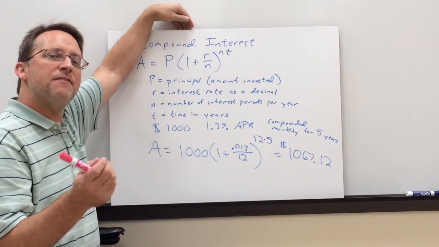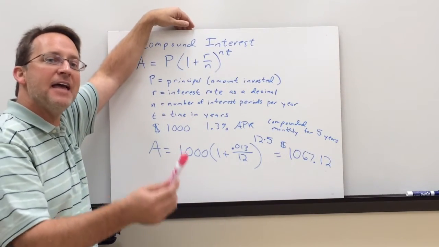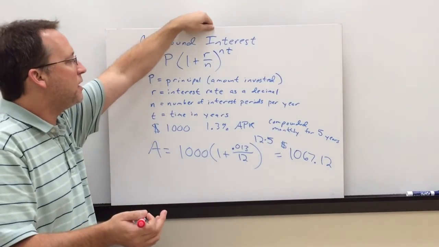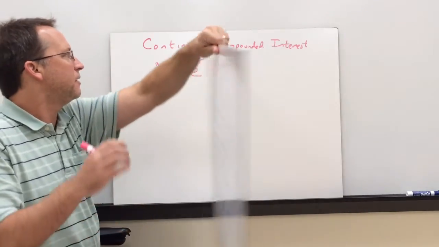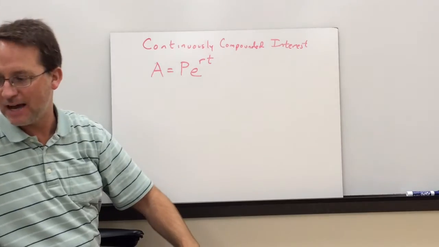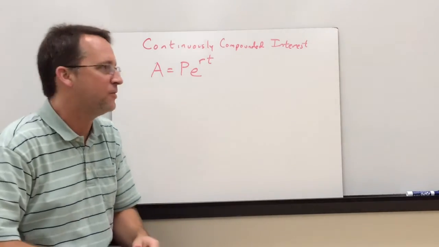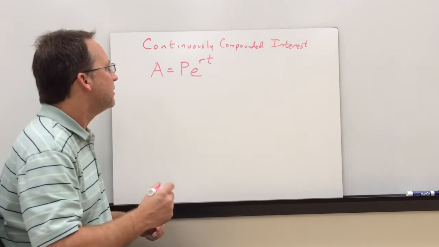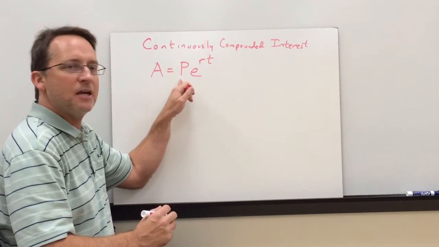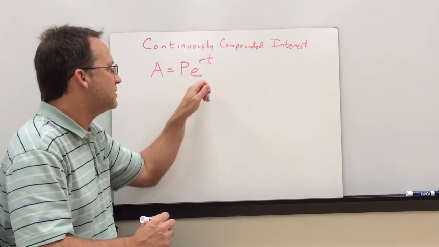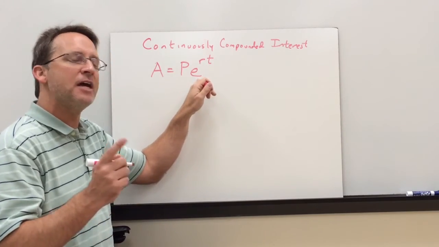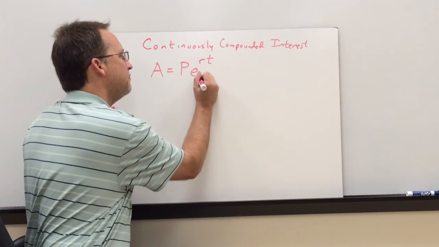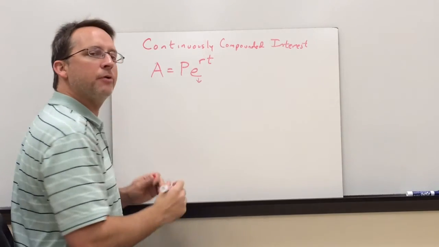Some banks, instead of giving you interest once a month, once a day, once a quarter, will give you interest all the time. They will do what they call continuously compounded interest. This sounds like a great deal. Just, hey, we're just giving you interest all the time. Come invest in my bank. Now, this P is the same principal, and this R is the rate, and this T is the time. This E is actually a number. This E is not a variable. This E is a number in your calculator.